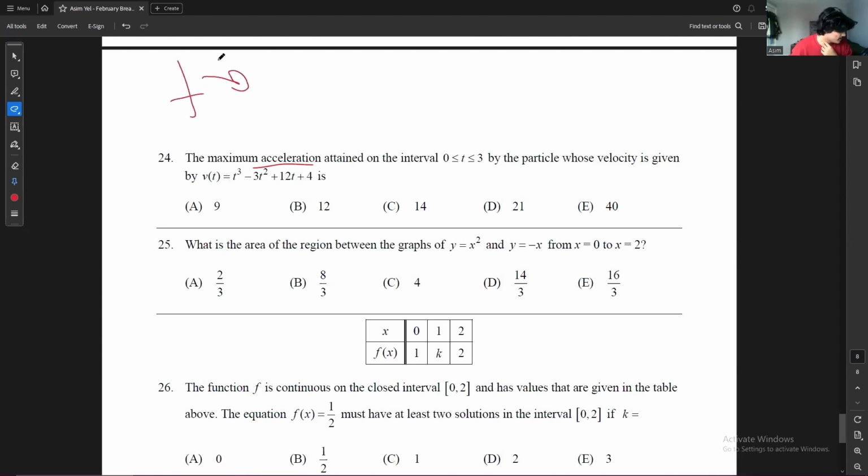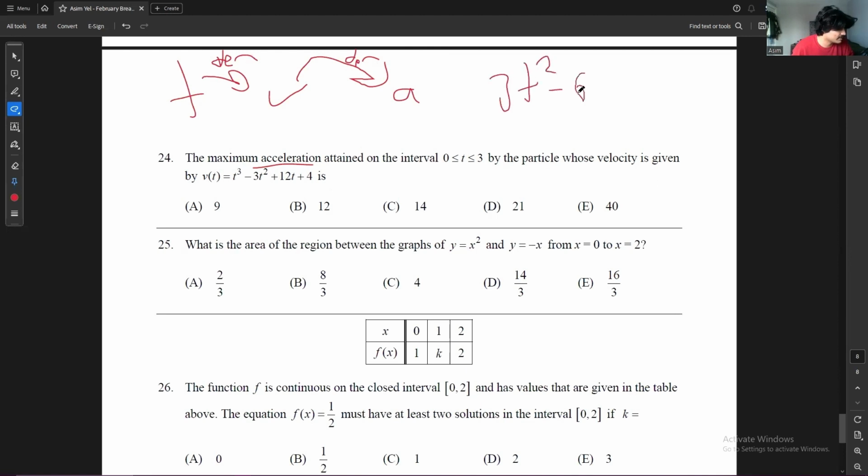If you take the derivative of a displacement function, you get the velocity function. If you take the derivative of the velocity function, you get acceleration. So let's take the derivative of the velocity in order to find our acceleration function.